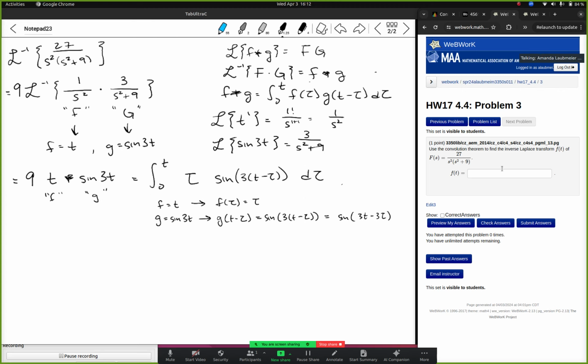For the evaluation, I guess I'm going to have to do integration by parts here because I don't know how to integrate t sine t.